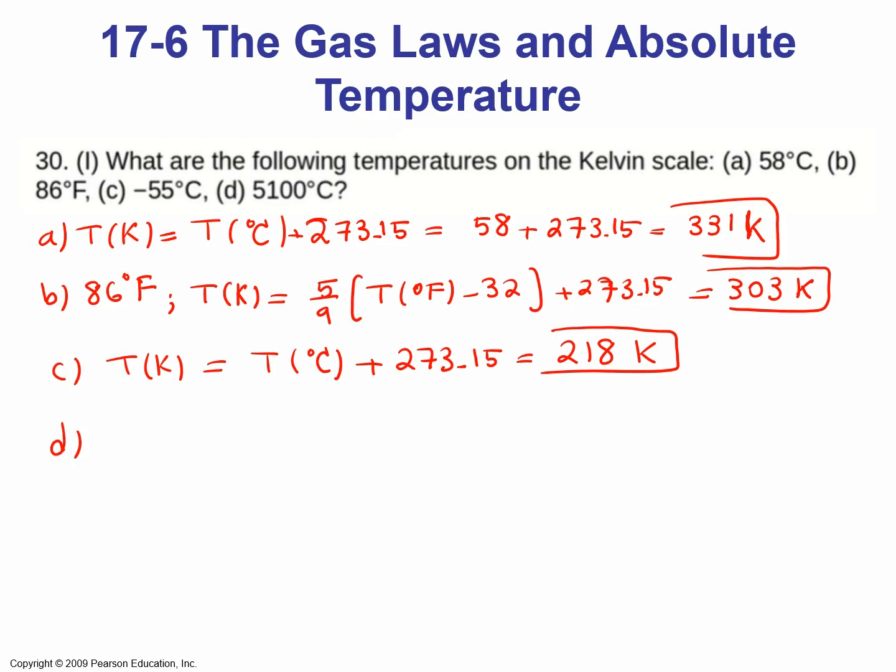D, 5100 degrees Celsius, and the same formula applies. 5100 degrees Celsius plus 273.15 gives us 5373.15.